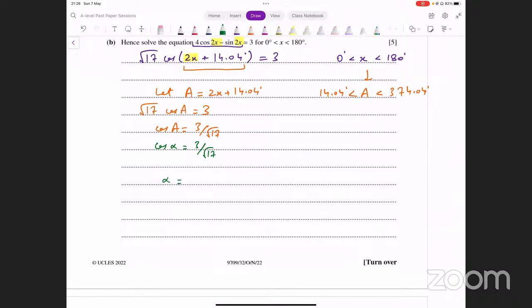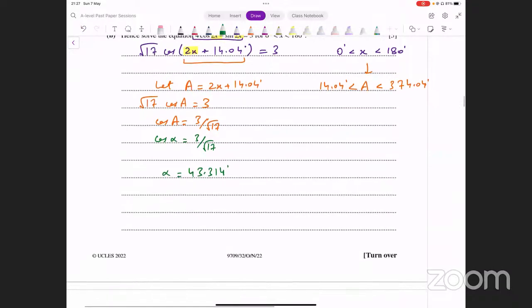Find cos inverse of 3 divided by square root of 17, and see what that turns out to be. This is giving me 43.31 degrees. चलो. This is the value of the basic angle that we're getting.